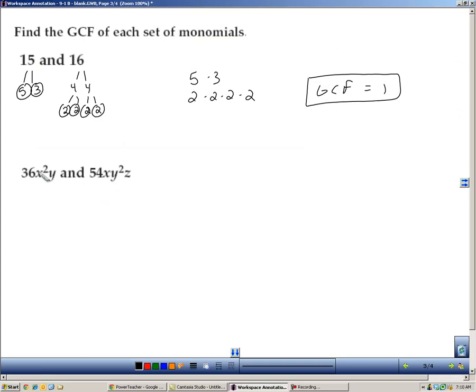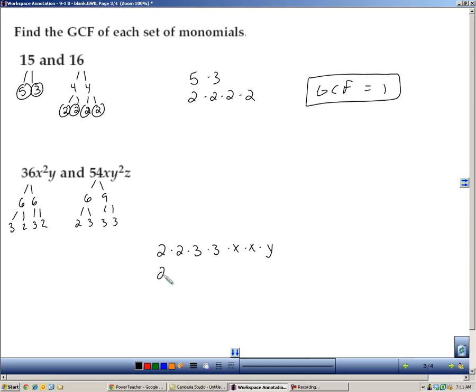All right, this next pair, we'll break 36 up into 6 and 6, 3 and 2. So we'll list the prime factors there, 2 times 2 times 3 times 3, and don't forget there's an x and a y, because there's variables there. 54 is 6 times 9, 6 is 2 and 3, and 9 is 3 and 3.